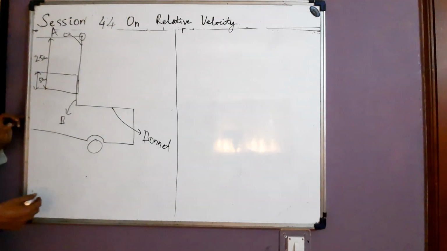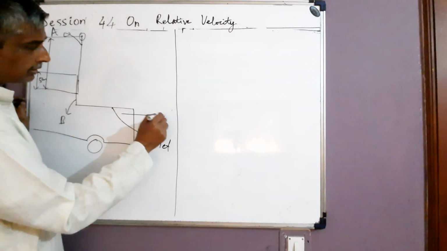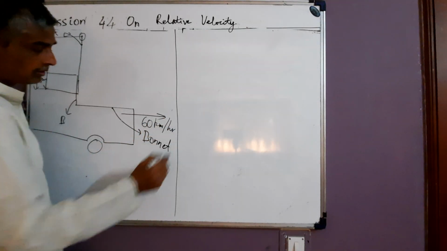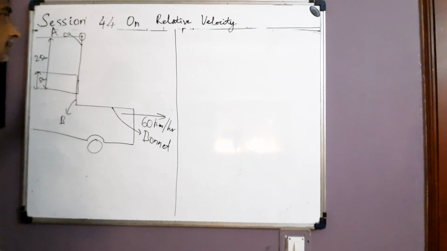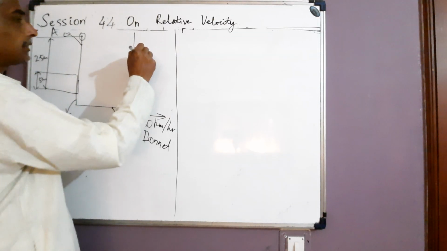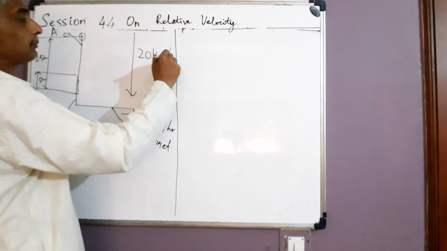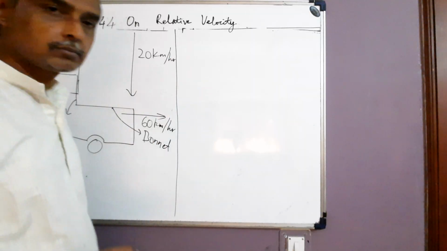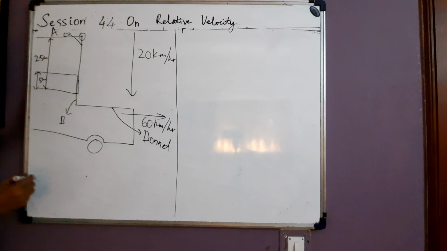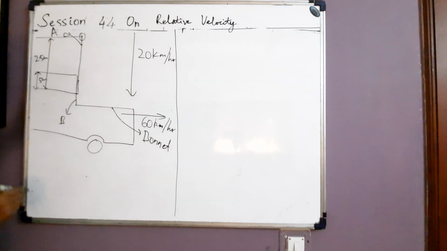So this Jeep is going rightward at a constant speed of 60 km per hour with respect to ground, and raindrops are falling vertically downward at a speed of 20 km per hour with respect to ground. First of all, we identify the frames, or the object under consideration.